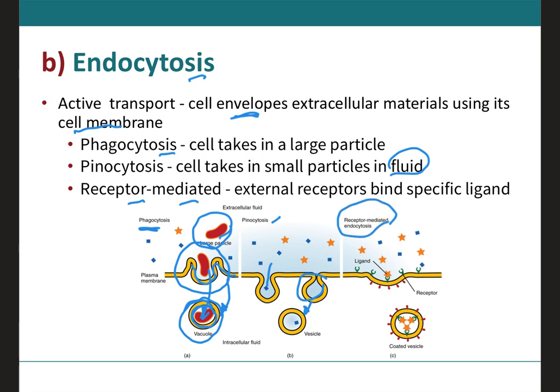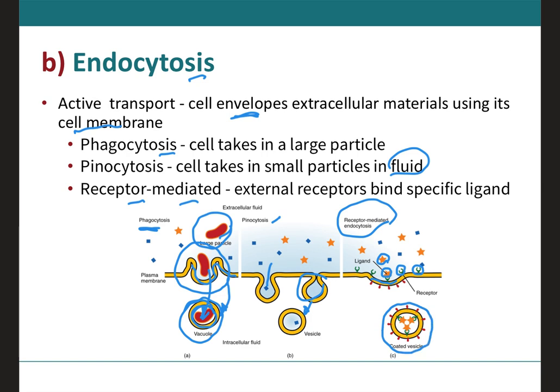Like the name says, these do endocytosis by a portion of the cell membrane that contains many receptors that are specific for a certain substance. And this is how they're able to regulate what actually gets endocytosed into the cell.